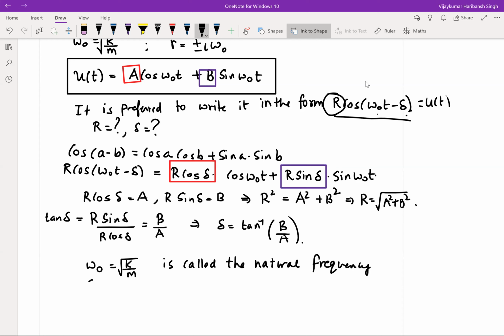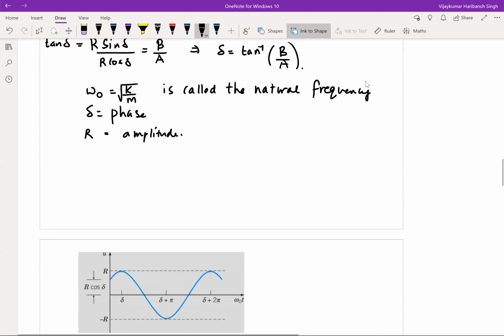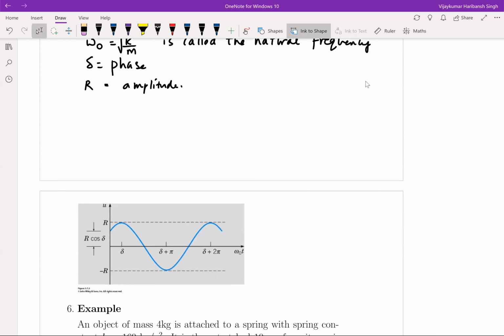And your delta is called the phase and R is called the amplitude. Why? Let's draw the picture. This is how it will look. Initially, you have R of cosine of omega t minus delta.